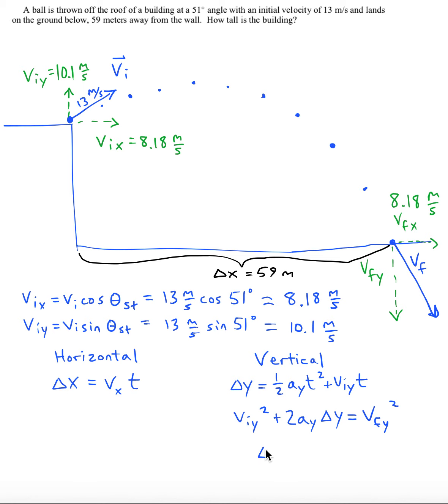Or even delta v equals ay t. In order to decide which one we should start with, let's write down on the side what quantities we have.